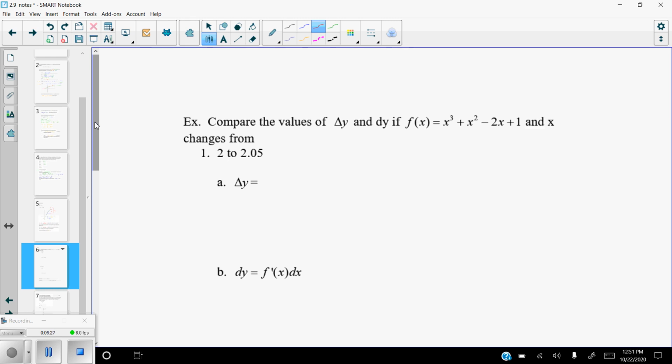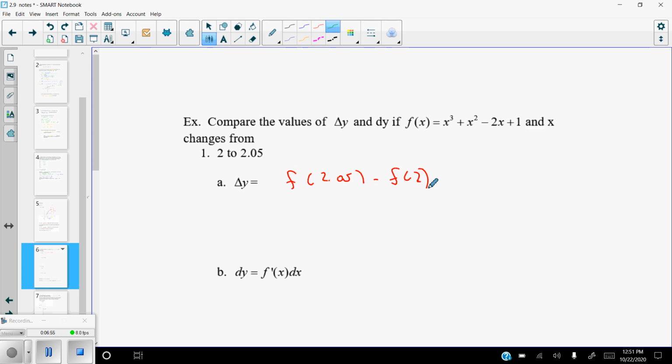To figure that out, you need the function's values at 2 and 2.05. So we need to do f of 2.05, and we have to subtract f of 2. And that'll tell us the actual difference in y.